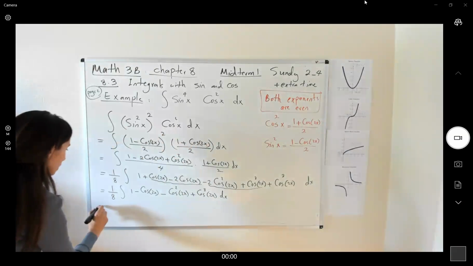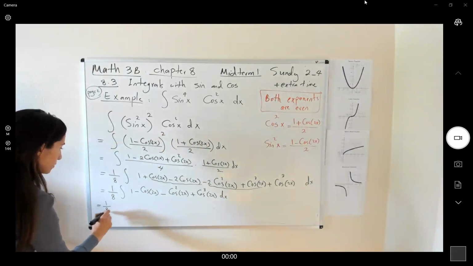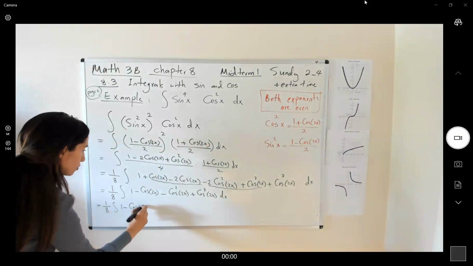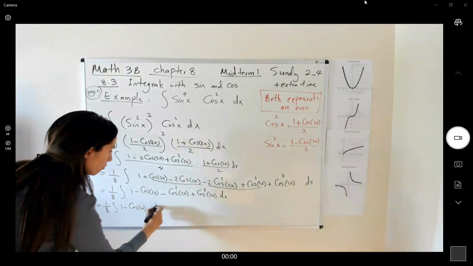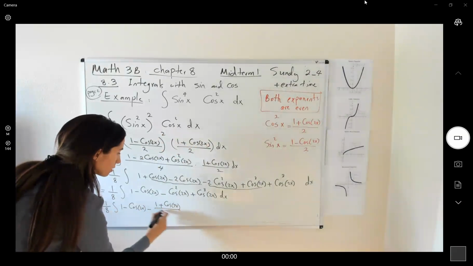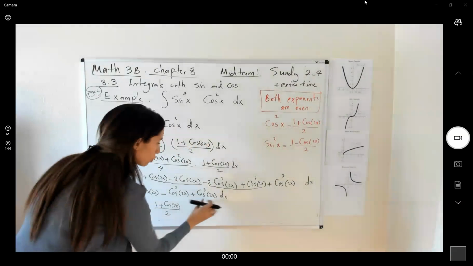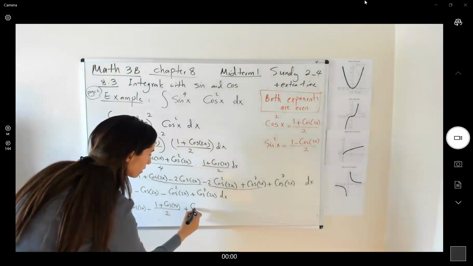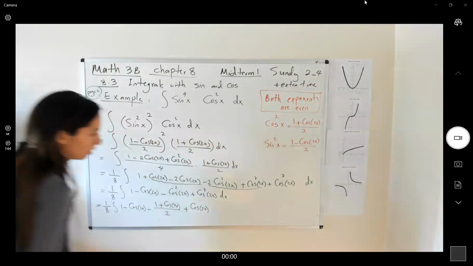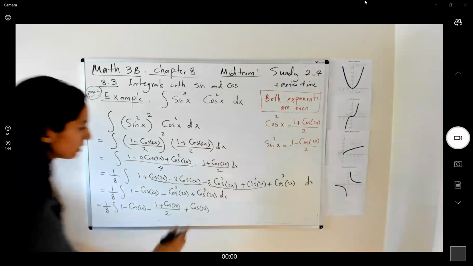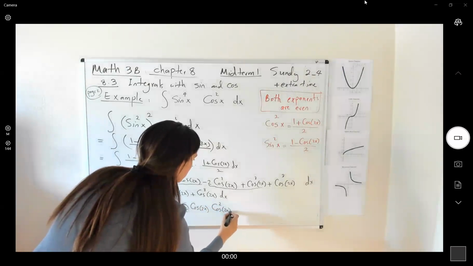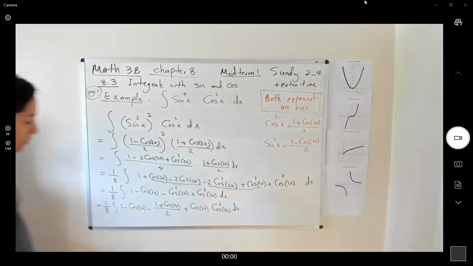dx here. So I get 1 over 8 the integral 1 minus cosine 2x minus 1 plus cosine 4x divided by 2. And for this one, I have plus cosine 2x times cosine squared 2x dx.